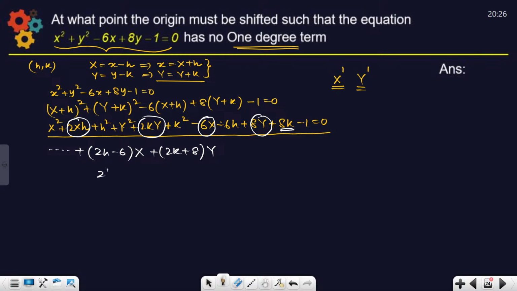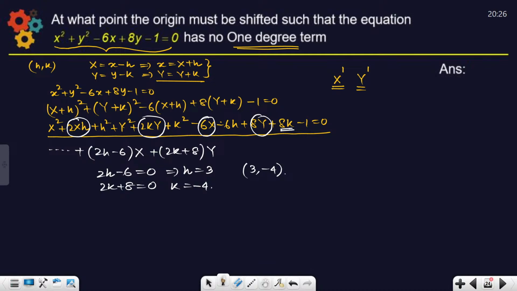It means that 2h minus 6 has to be equal to 0, and 2k plus 8 has to be equal to 0. So from here we are getting h as 3 and k as minus 4. Therefore, our origin has been shifted to the point 3 comma minus 4.